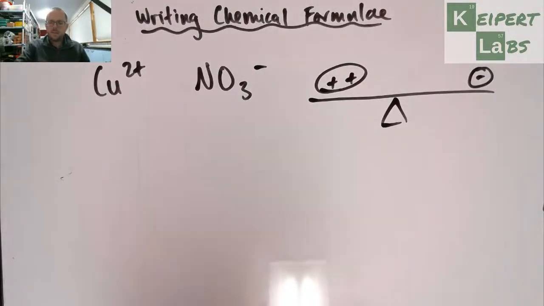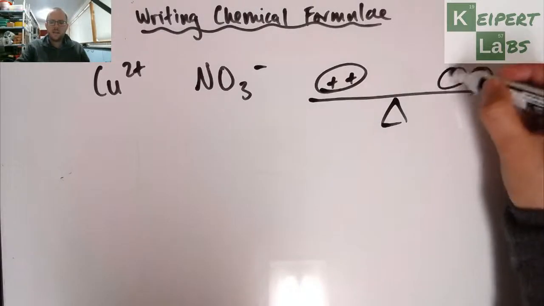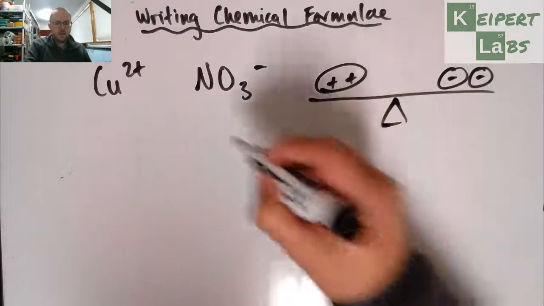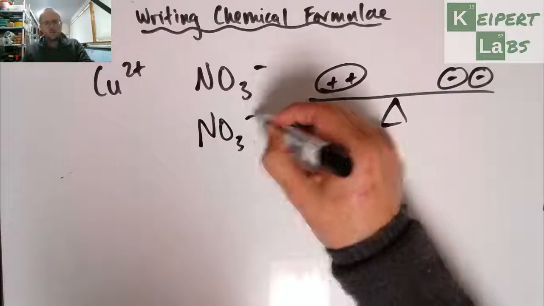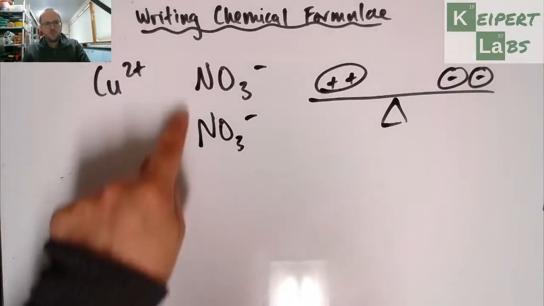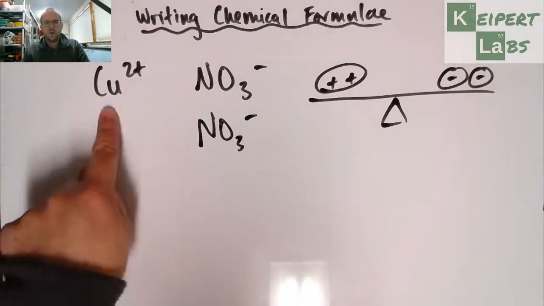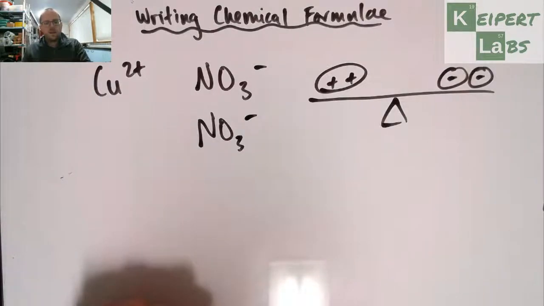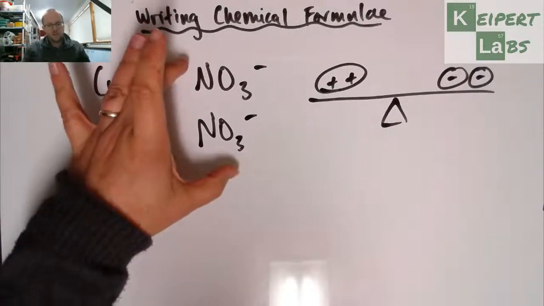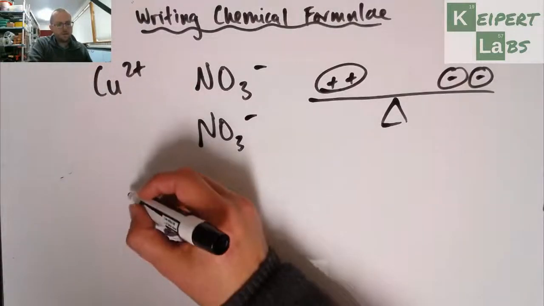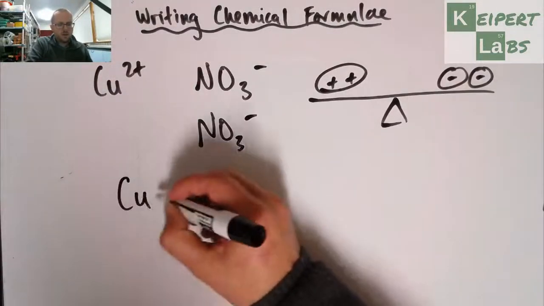In order to be balanced, I know that I must have a second one of these, which means this compound has a ratio of 2 nitrates, 2 of this ion, for every 1 of those. But then in terms of how I write that formula, I'm going to need to somehow express that there's 2 of these.